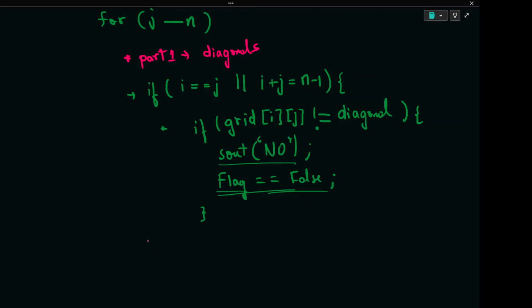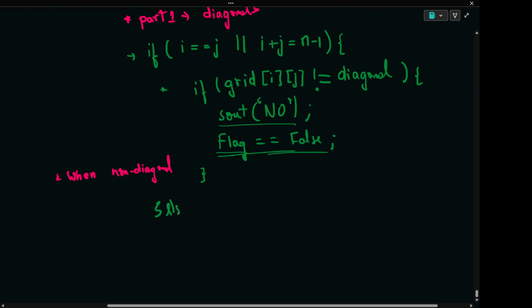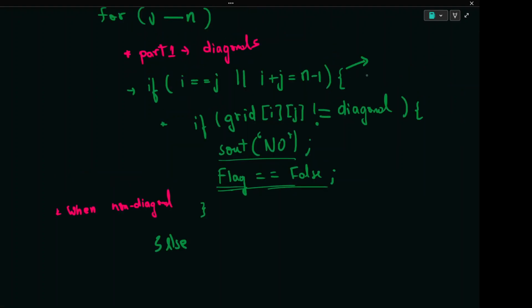Now this is the case when diagonal is there. So part 2 is non-diagonal. When non-diagonal is there, what will I write? This will be the closing. Else, so if it is not a diagonal, it is a non-diagonal.